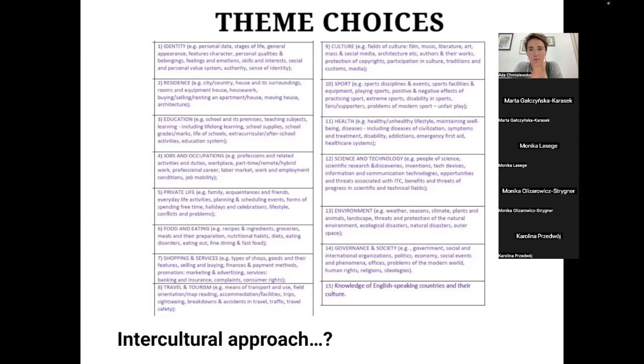Of course, if you choose travel, that seems very easy. But for some topics, it's much more challenging to make sure that what we do actually has this feature of intercultural collaboration. I'm going now to show you how we approach this topic and how we solve it.